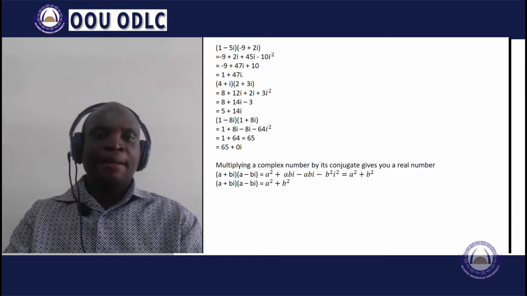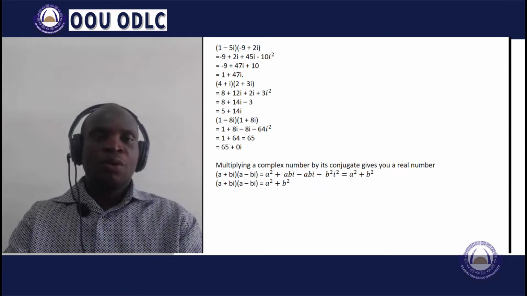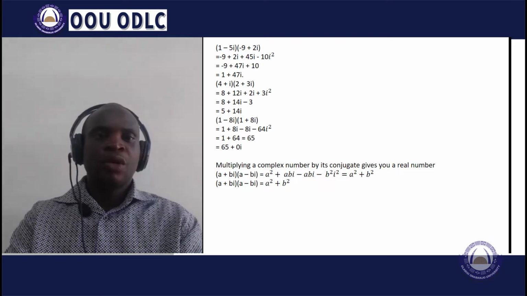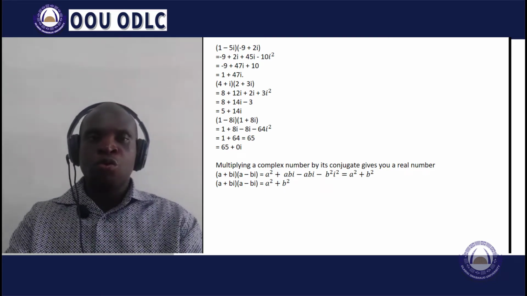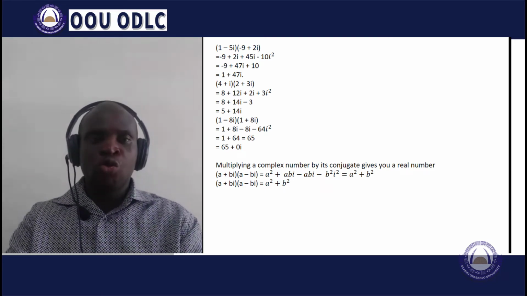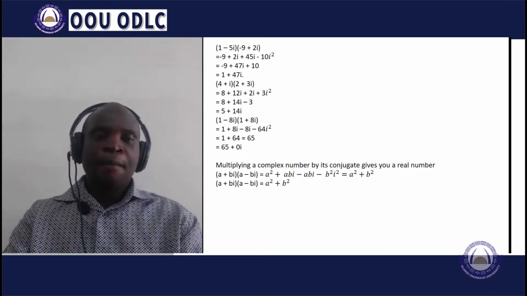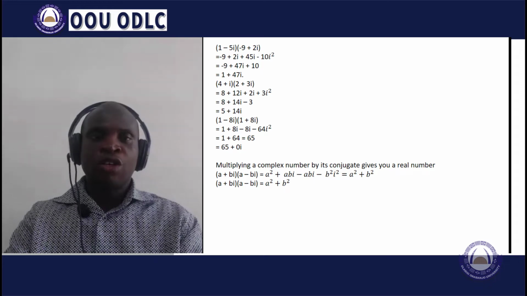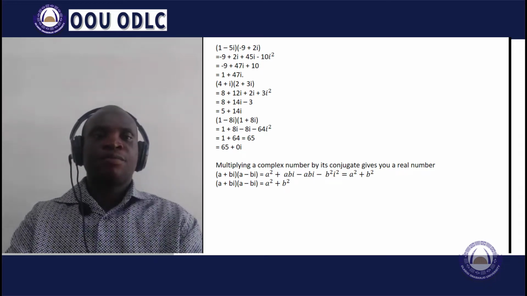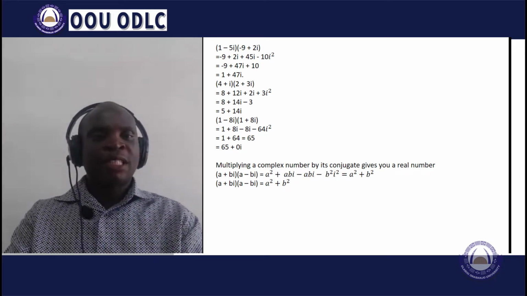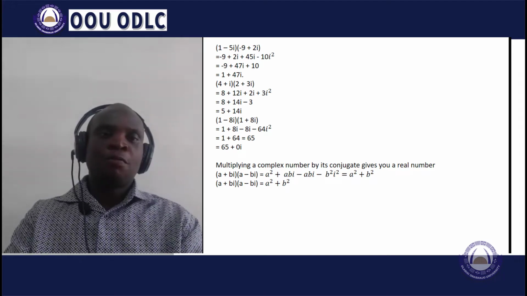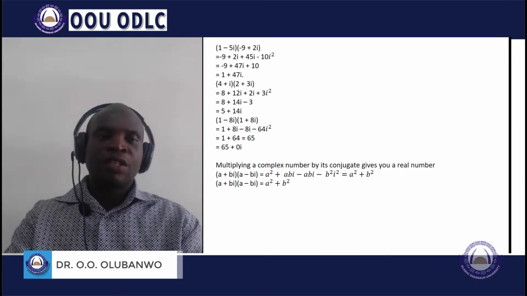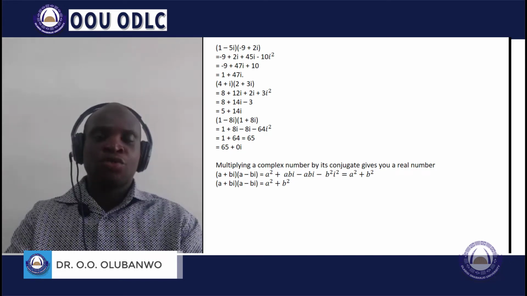Now, multiplying them term by term. 1 times minus 9, it will give us minus 9. 1 times plus 2i, it will give us plus 2i. Now, minus 5i times minus 9, that will give us plus 45i. Multiplying the last part, which is minus 5i times plus 2i, that will give us minus 10i squared.